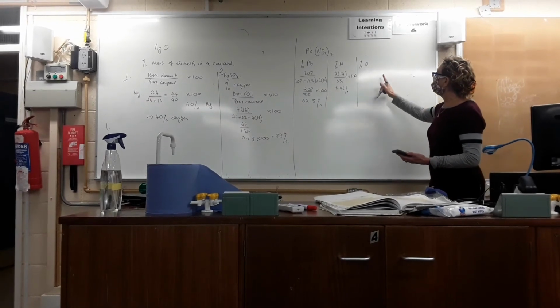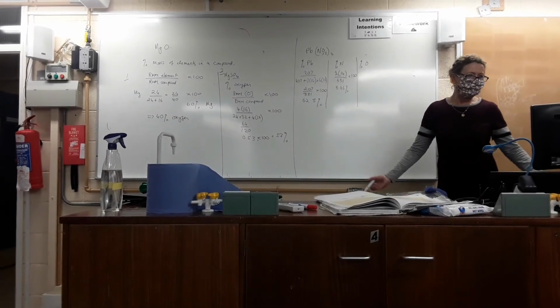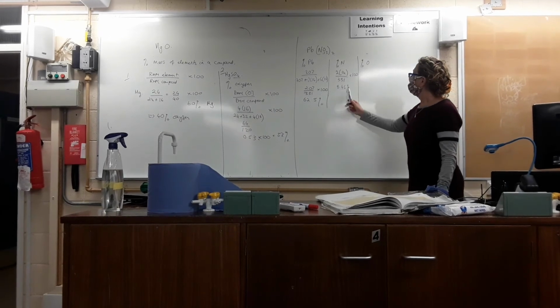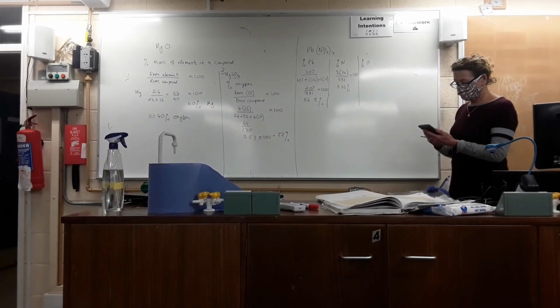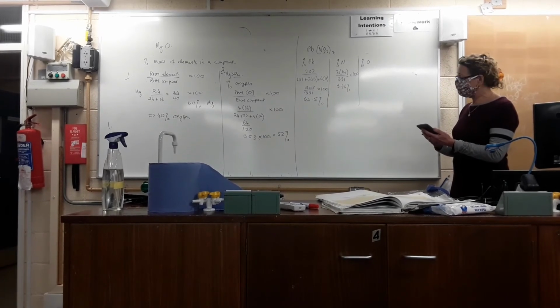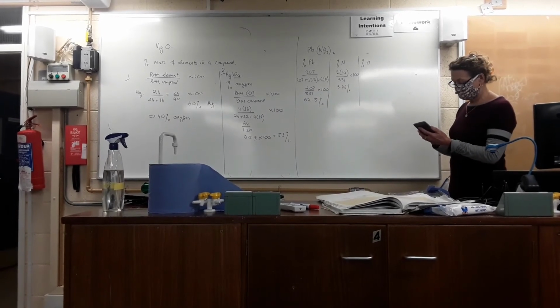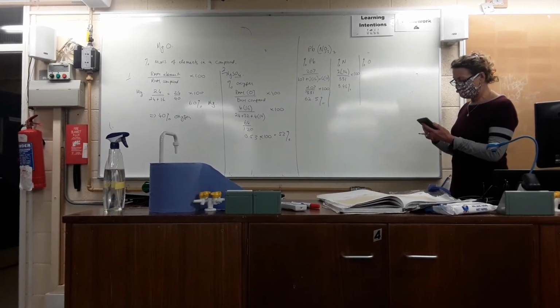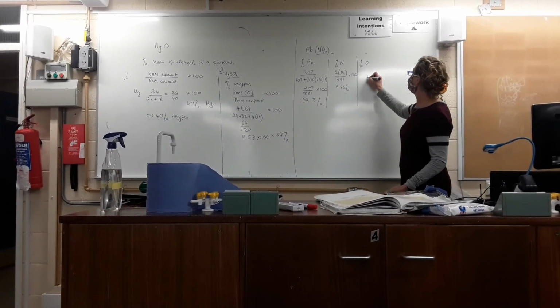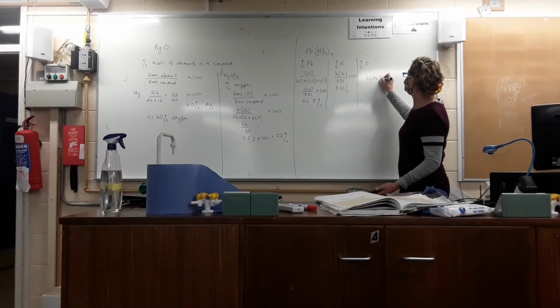Now I can go through oxygen, or what would be easier to do here, add them and take them from 100. So I'm going to do 62.5 plus 8.46, and then I'll take that from 100, and that will give me 29.04% oxygen.